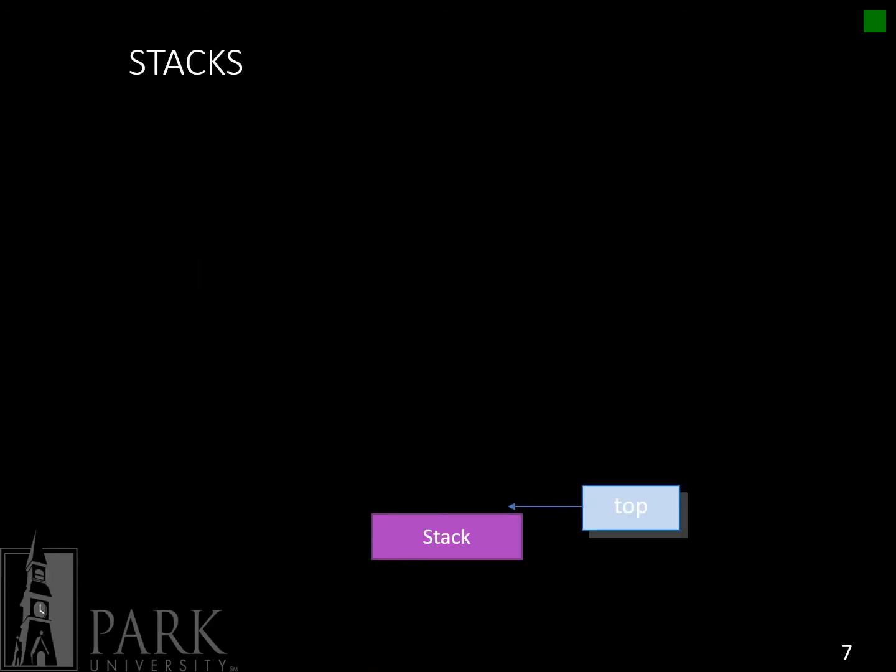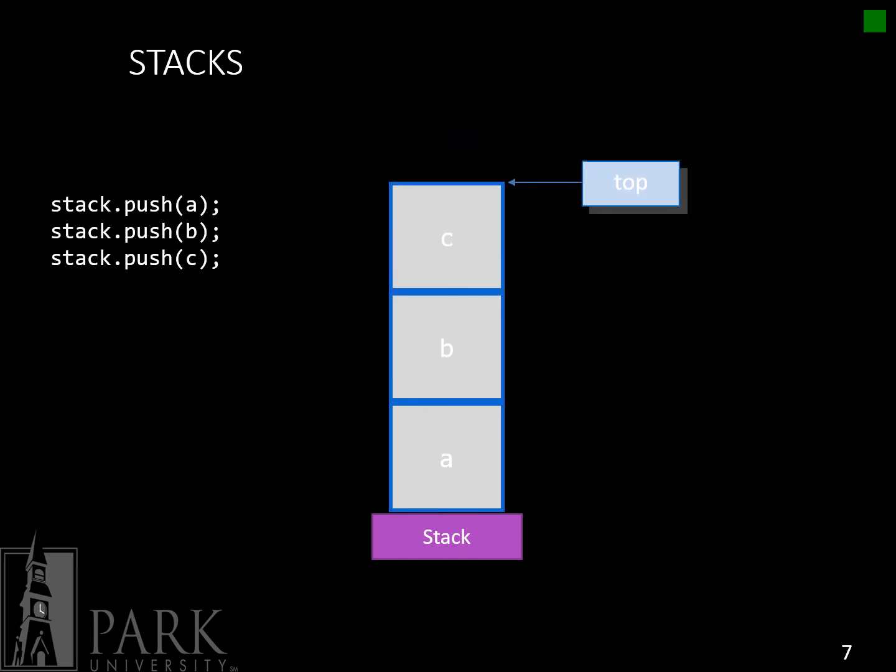Now, a stack is a little bit different from a queue in that it is a last in, first out storage container. So we add things or push elements onto the stack, and we remove them or pop elements at the top of the stack. So for example, here is a stack after pushing elements A, B, and C onto it, right?